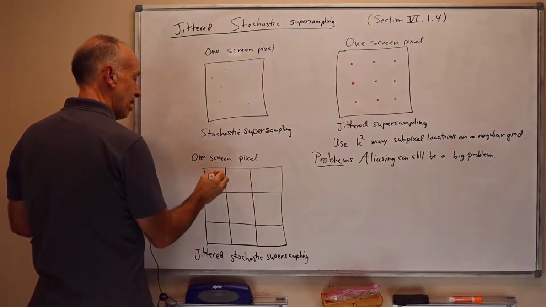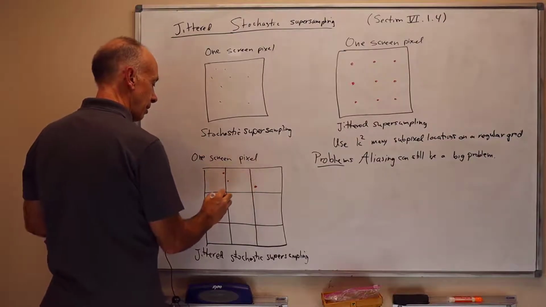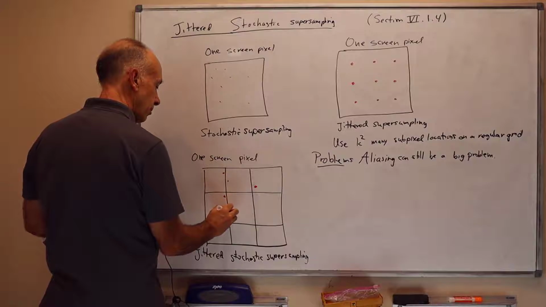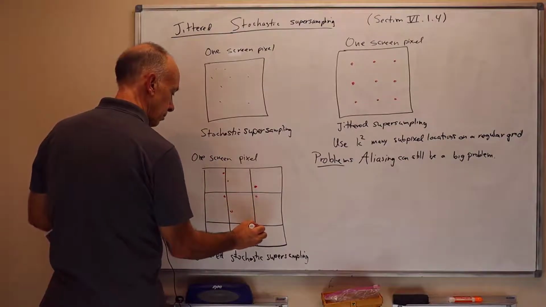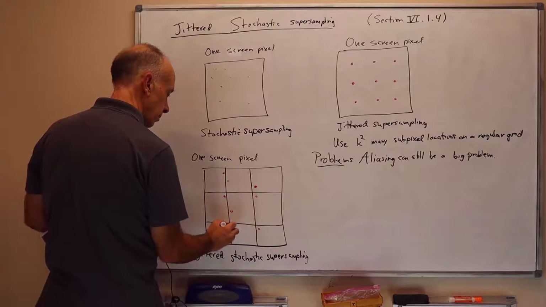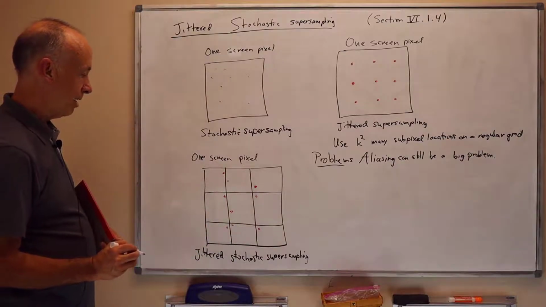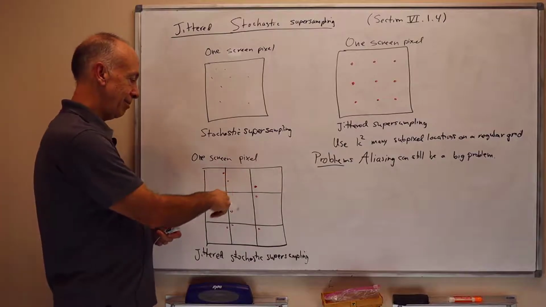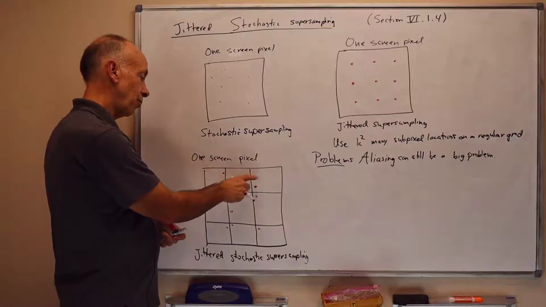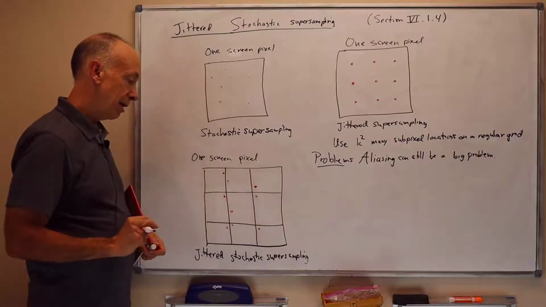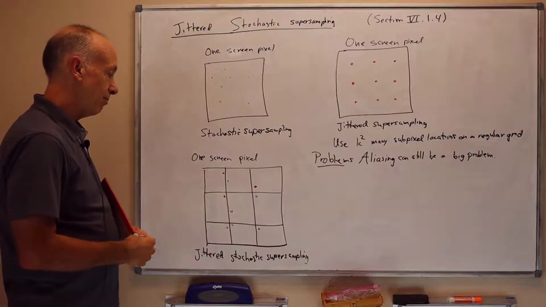Now we take at random from each subpixel a location. Okay, so I've chosen somewhat randomly 9 subpixel locations, each from one of the subpixels, but at a random position inside that subpixel.